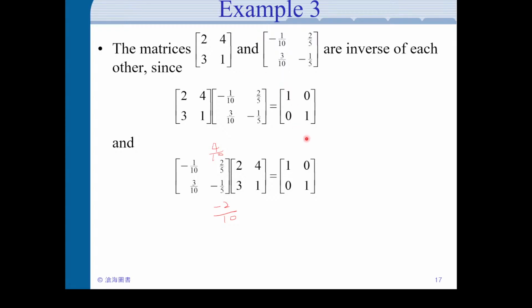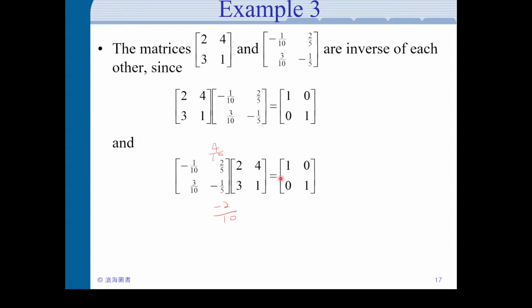And similarly, let's say maybe this 0, it's 3 times -1/10 plus 1 times 3/10. So it's 1/10 times (-3 plus 3), and it's 0. Okay, and you can check similarly that the left multiplication also gives you the identity matrix.